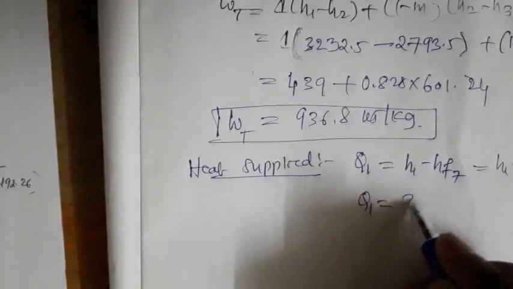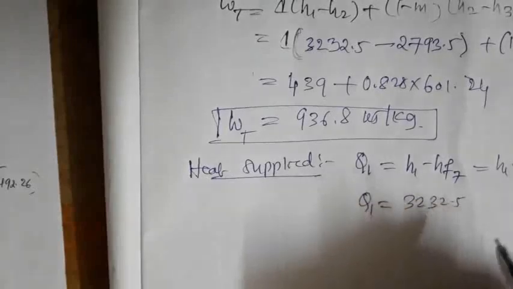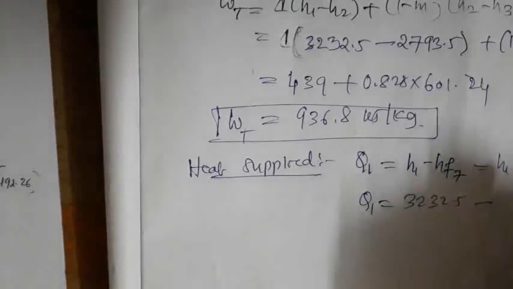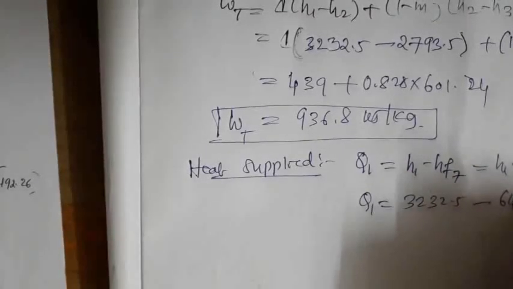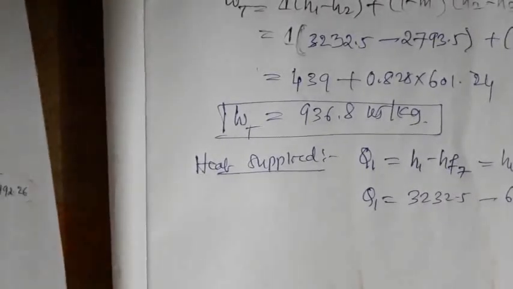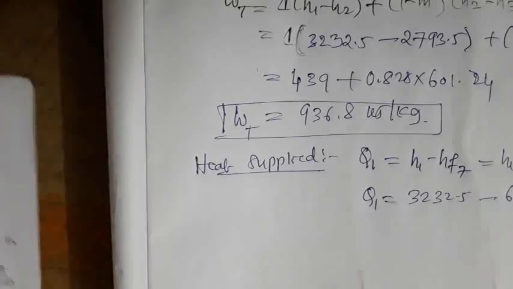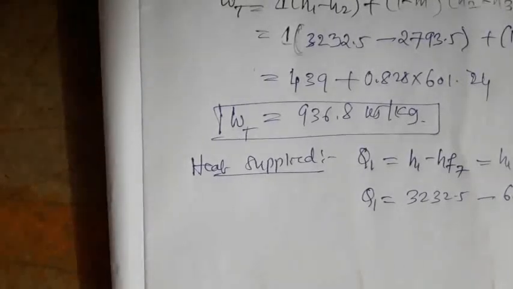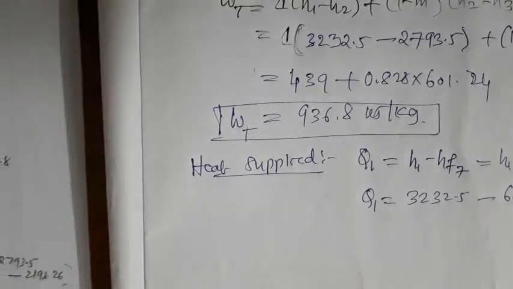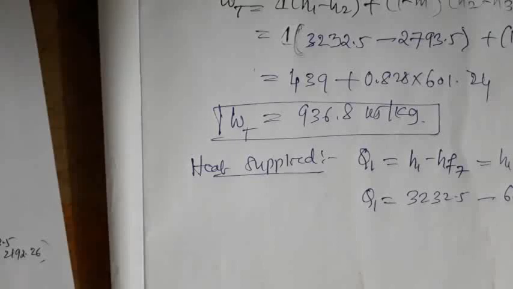Q1 is equal to H1, which is 3232.5, minus HF6, which is 640.1, that is HF at 5 bar pressure, 640.1.